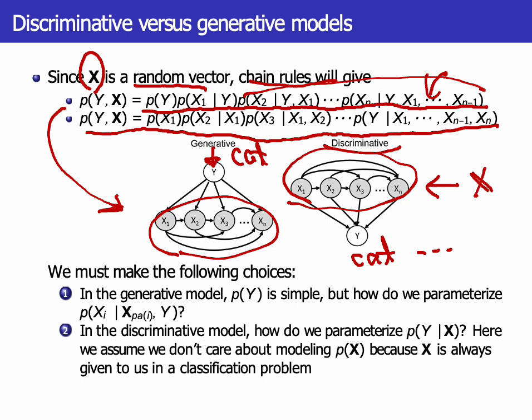In discriminative models, how do we parameterize p(y|x)? If you give a cat image, you get cat. Here we assume we don't care about modeling p(x) because x is always given to us in classification problems.